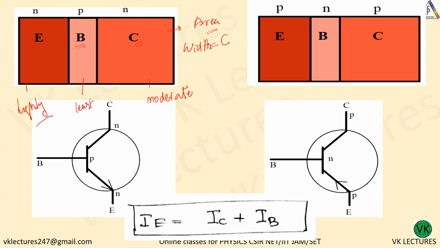For emitter, it is moderate width. So when you draw this, please take this into consideration. You need not color it now, you can color it later. But please make it a point to assign the width correctly. So once again, the collector width is larger than base and emitter. Base is the lowest, then collector and emitter.